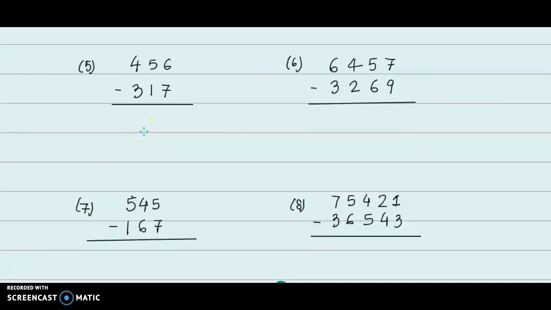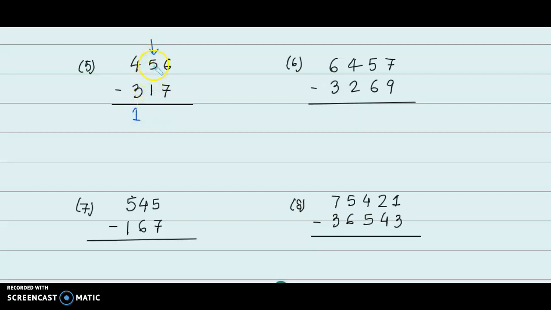Here is example 5. In example 5 we can say 4 minus 3, 1, and again this is greater, 5 minus 1. So we will not subtract 1 here because the second set of digits, the top one is greater than the bottom one.